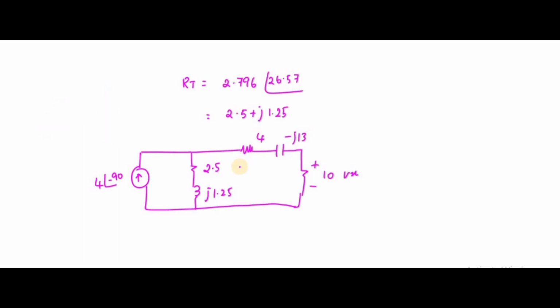The voltage is the current value 4 angle minus 90 into the impedance value, which is 2.796 with angle 26.57.